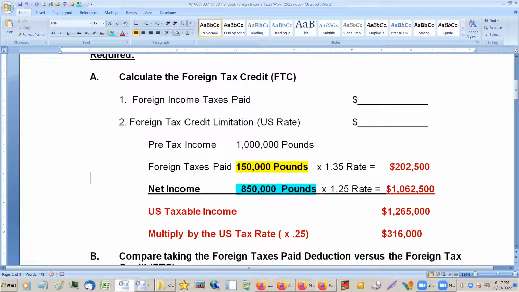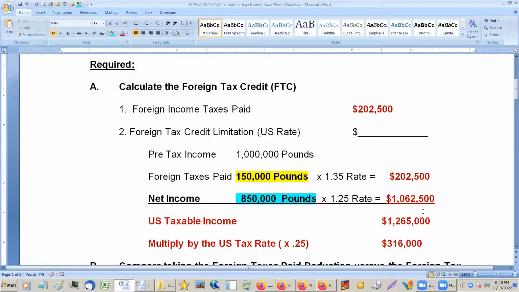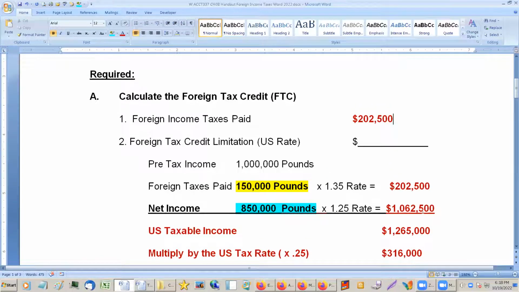The foreign income taxes paid was this amount. Paid 15% taxes, and this was the exchange rate.